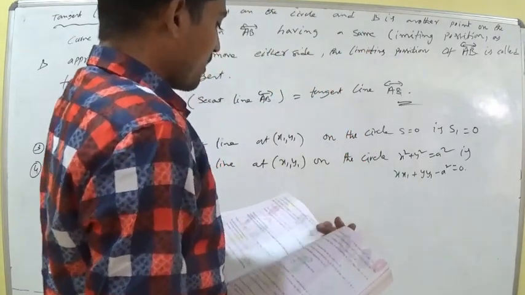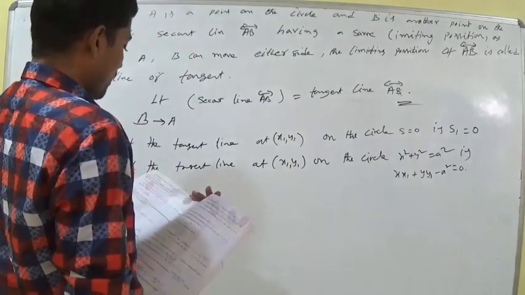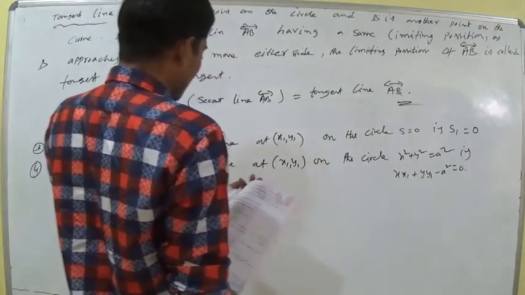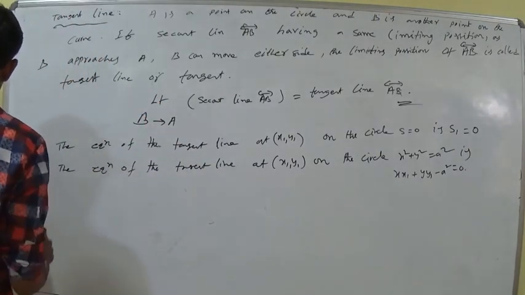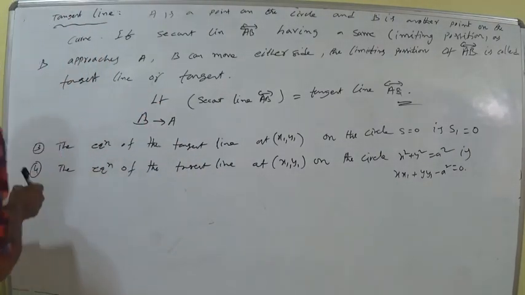The equation of the tangent at (a cos α, a sin α) on the circle.